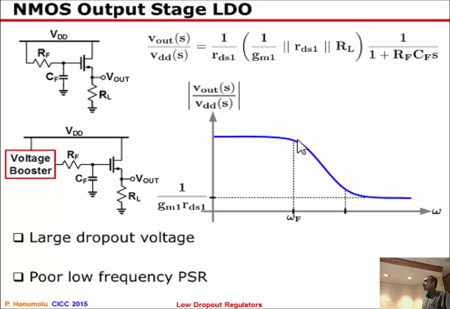So what we really want is we have to ask ourselves how much low frequency rejection do you really need? So if you are using this LDO, for example, for supplying an oscillator, right? So if it is a standalone oscillator, you're sort of doomed.